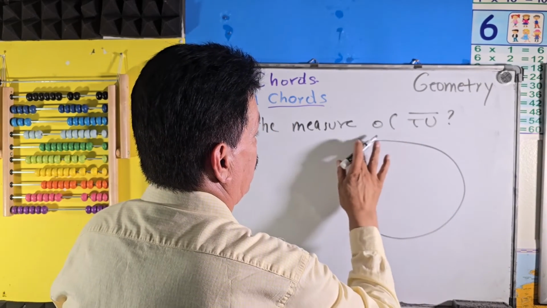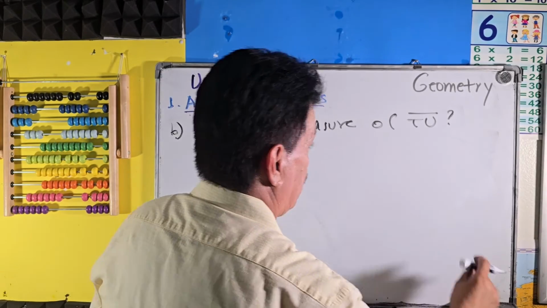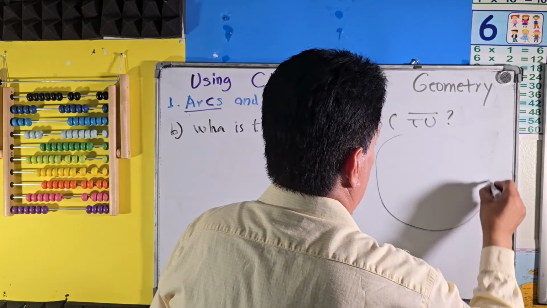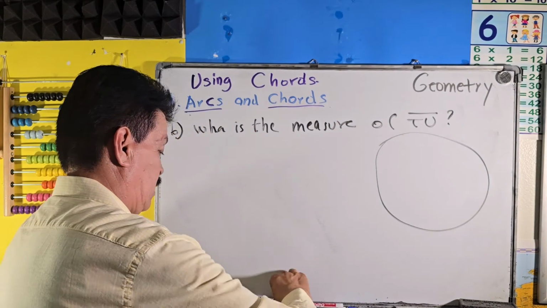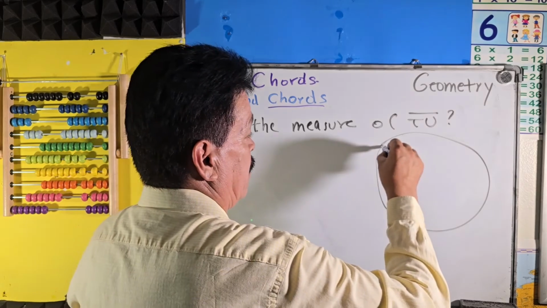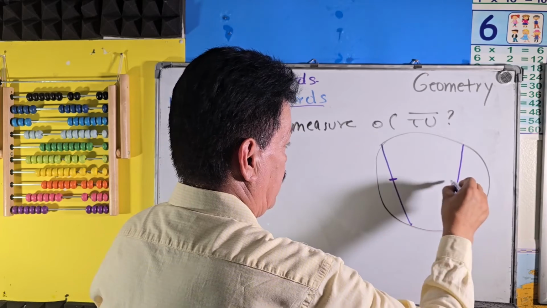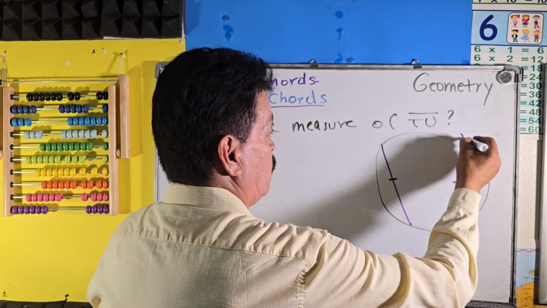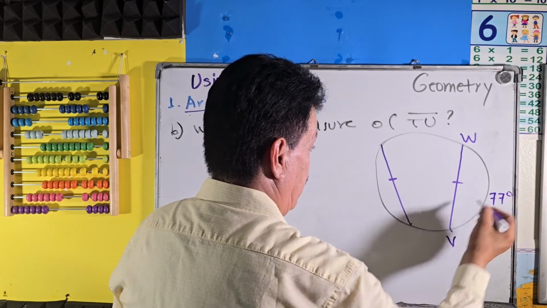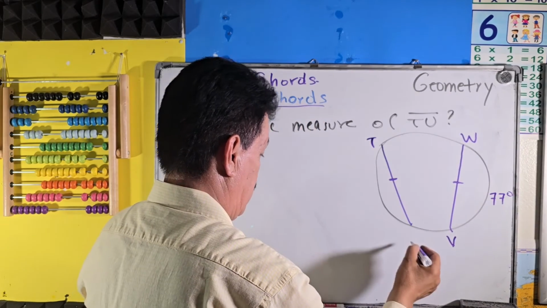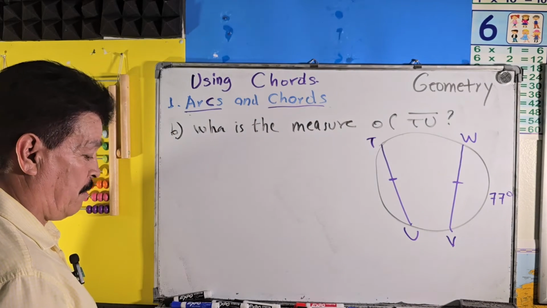This is my circle here. The circle has again these two lines. These lines are equal. We have W here, we have B, 77 degrees, T, and U. That's all the information for our problem.